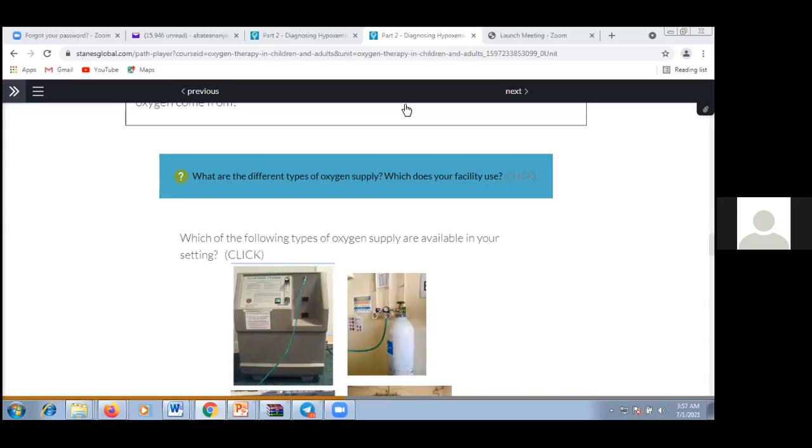Oxygen plant, okay, from Matusala, very good one. So it could be an oxygen plant. Yeah, wall source. Yeah, almost excellent. So these are the commonest sources of oxygen supply in our setup, but it could be different in other setups as well.